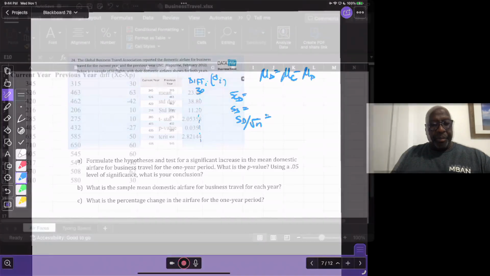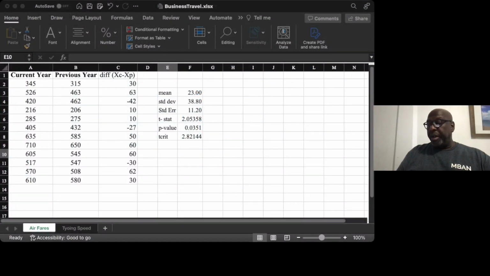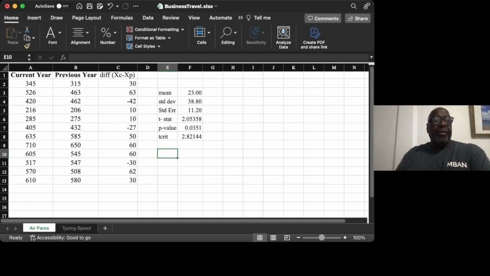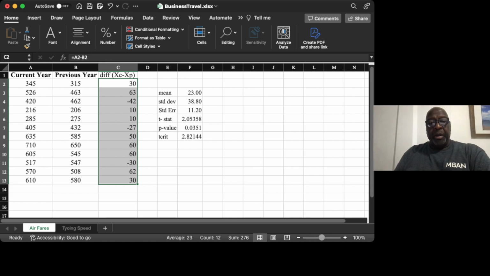So if we use Excel, you can get the following values. What I've done here in Excel is calculate the difference between the two sets of values. You can see 345 minus 315, 526 minus 463, and I calculated the differences for each value. A positive difference means that the airfare is higher, of course.